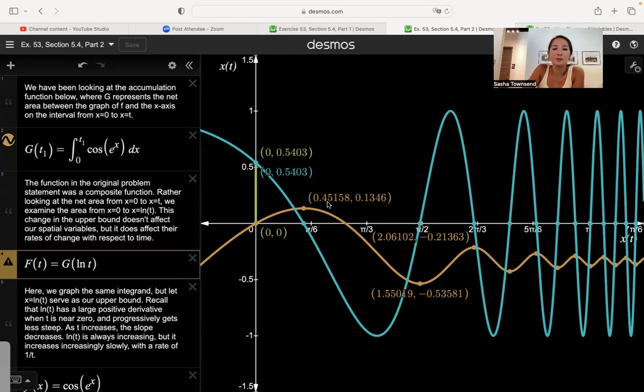The net area is 0.1346. So that area from 0 to natural log of pi over 2 is equal to 0.1346. And then we start subtracting area.